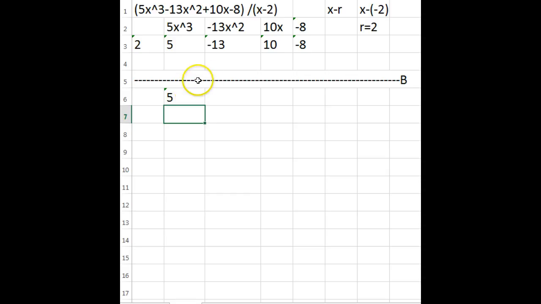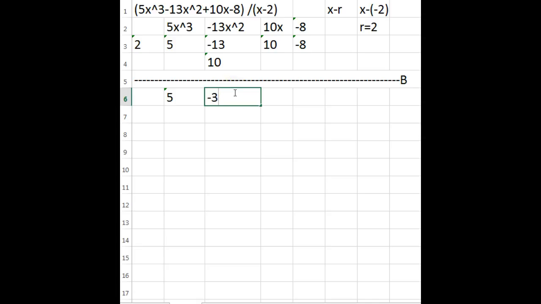That bounces back up above our equal bar, into C4, which is right below our second term of negative 13. So now we have negative 13 plus 10. We arrow down to below the equal bar, to cell C6, and negative 13 plus 10 gives us negative 3.